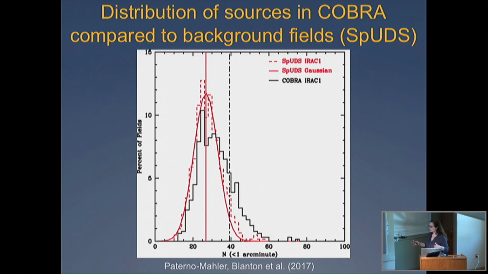So looking at our whole COBRA survey, 646 fields, how many have 40 galaxies within an arc minute, how many have 60. So you get this black histogram. If you just do some background survey field like SPUDS here, that's the red dashed histogram, okay? So you can see that our distribution has shifted a bit to the right. So on average, our fields have more galaxies around them than just a random field.